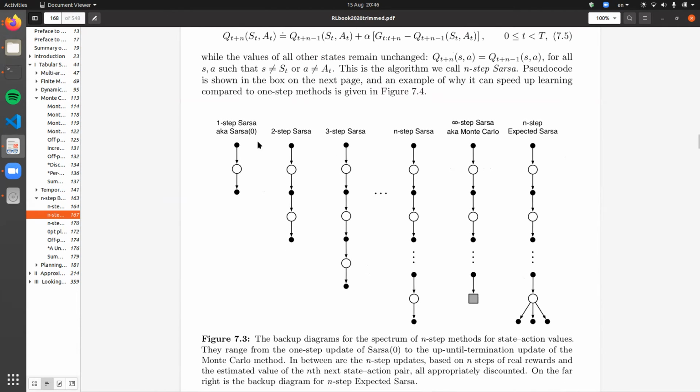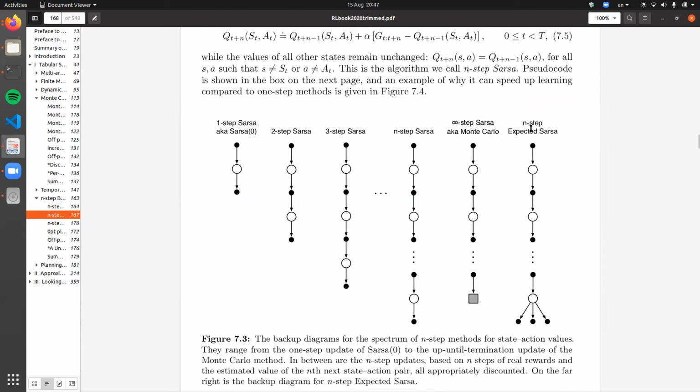And we can look at the backup diagrams for all the variants we have here, and just as with TD prediction, it's very similar.